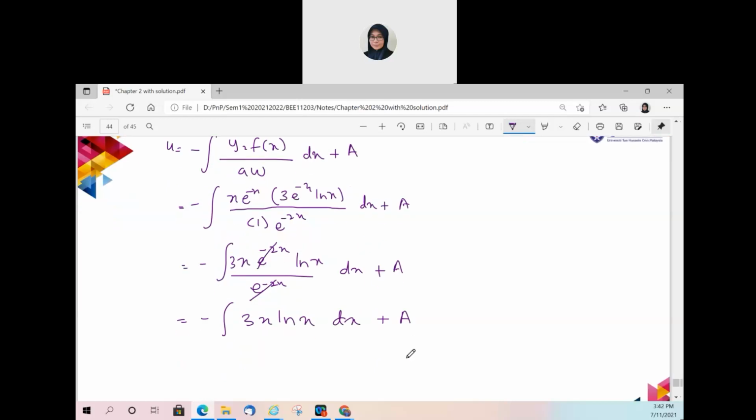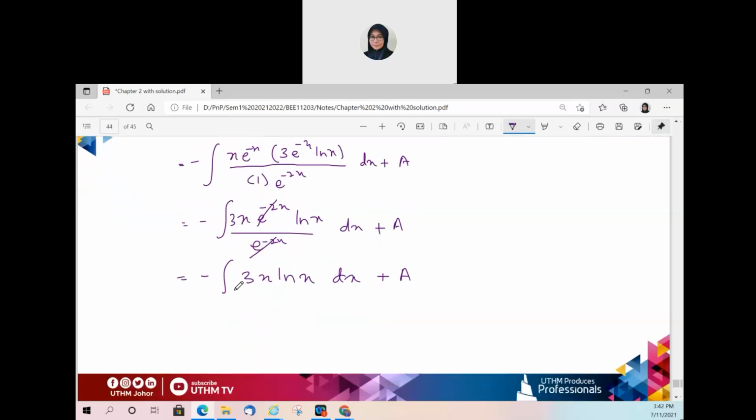Okay, so now you want to integrate 3x ln x dx. So what you need to do is you have to make an integration by part.